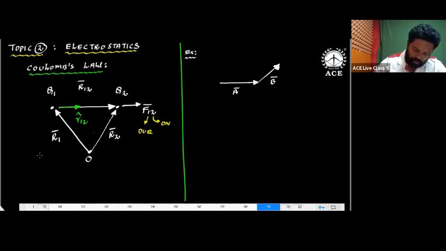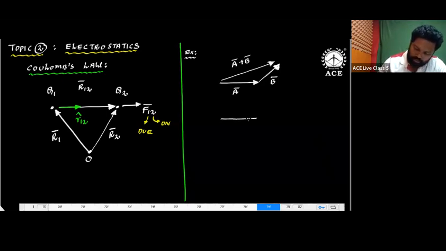The resultant will be from tail to tip. Here it is A plus B, beta.